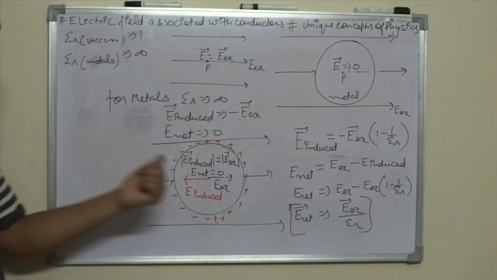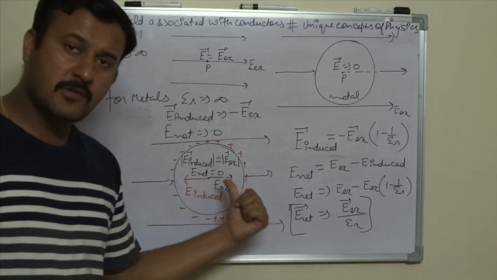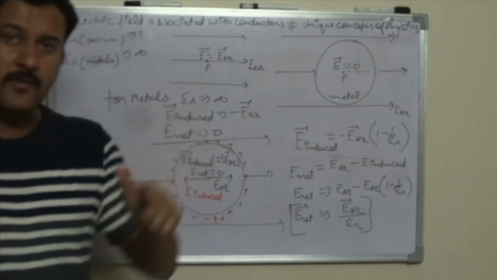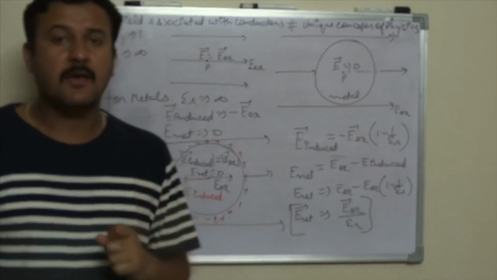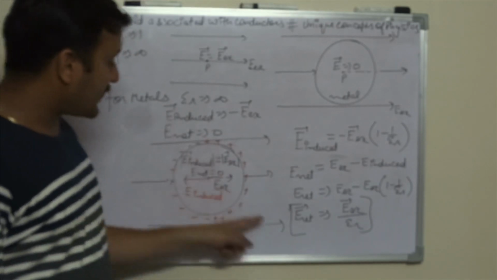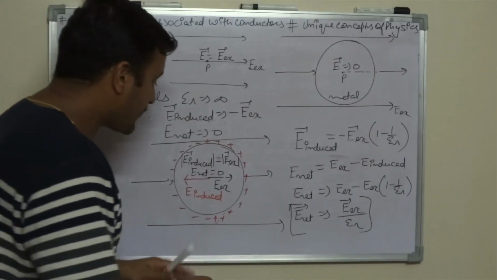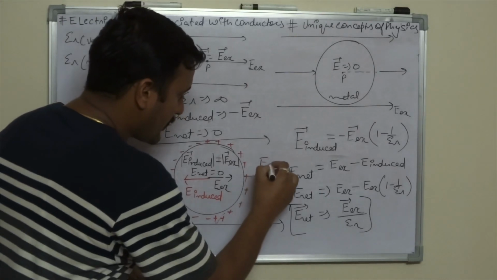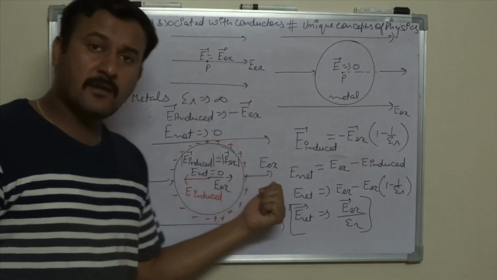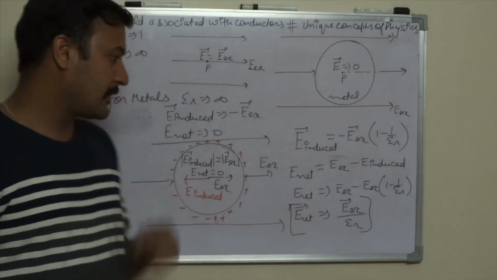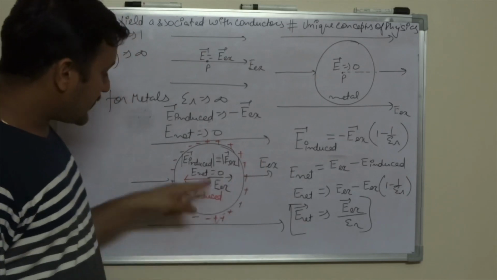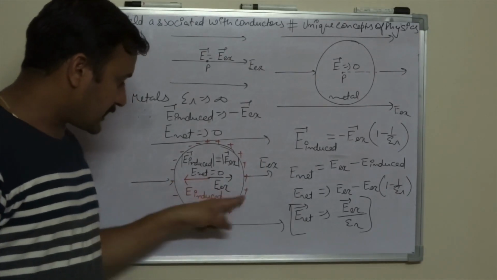Therefore, the induced field will be in the opposite direction of the external field, and by definition, as the metal has infinite permittivity, I would say the effect of external field inside the metal is exactly the same as it is in vacuum outside the metal. And I am saying that this field has the same value at P, E external.